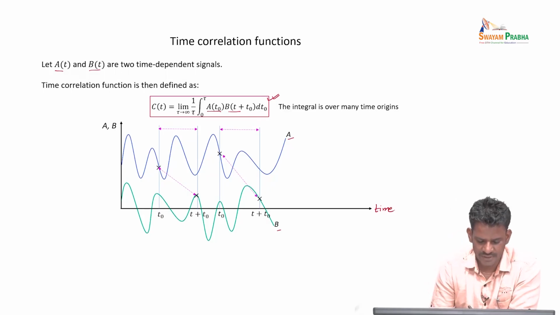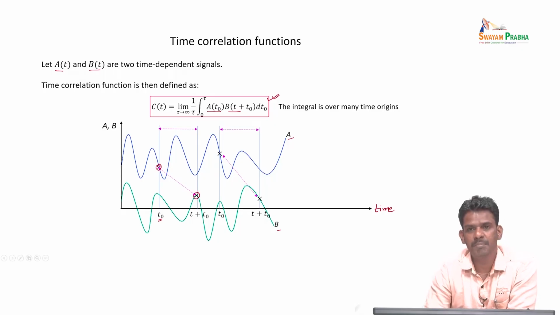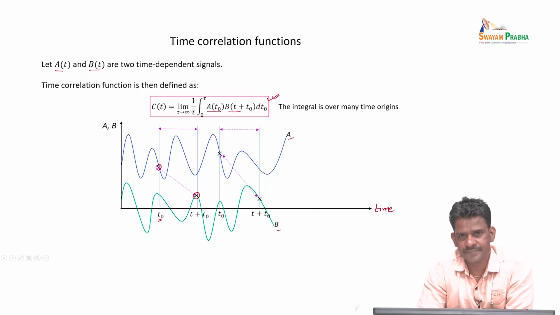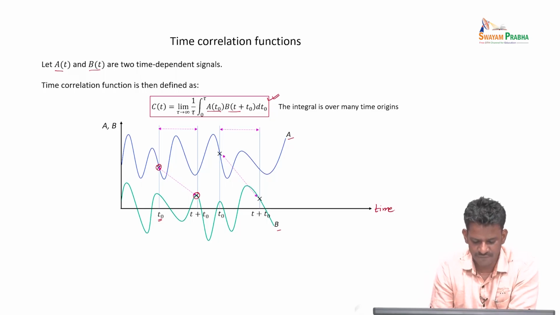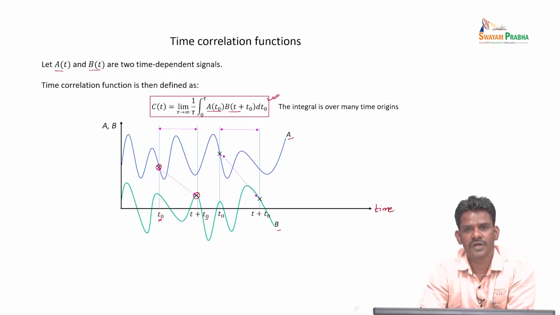Now we choose a particular time t0 at which we pick up the value of A, and then we choose another time t plus t0 at which point we pick up the value of B, and then we make a product of these two numbers A and B. So that is done for one particular choice of t0.